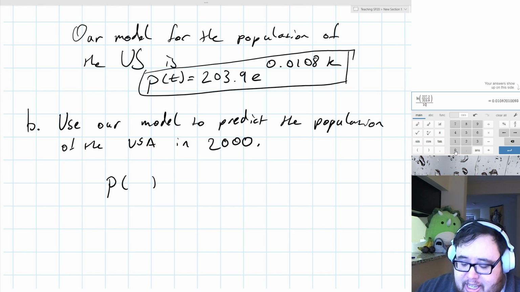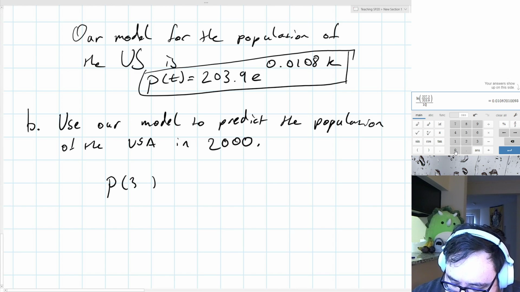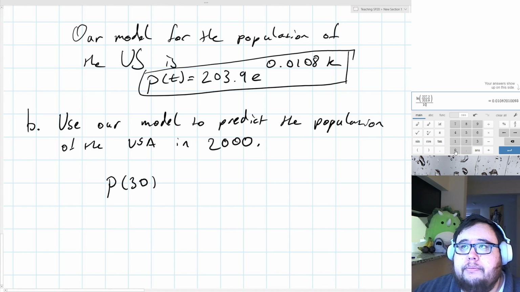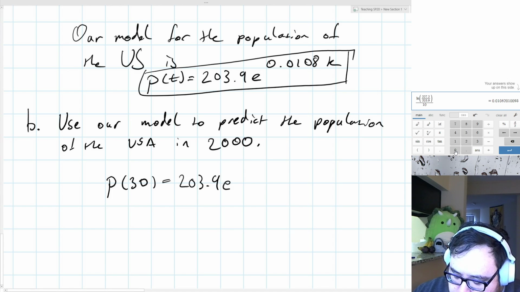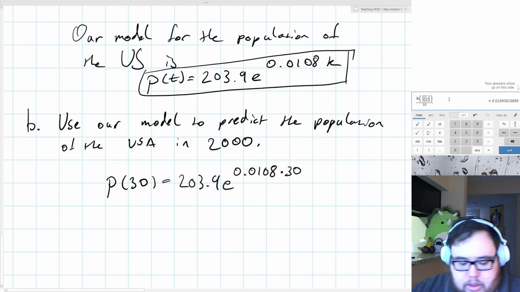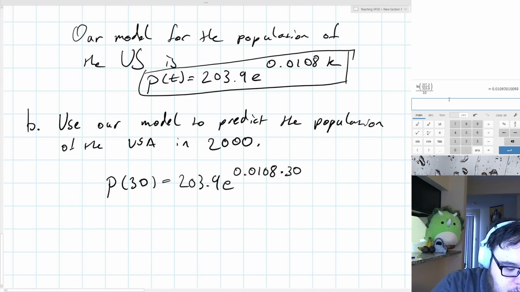We are in fact plugging in 30. Let's go ahead and do that. So that'll be 203.9 times e to the 0.0108 times 30. And let's go ahead and punch that into our calculator.